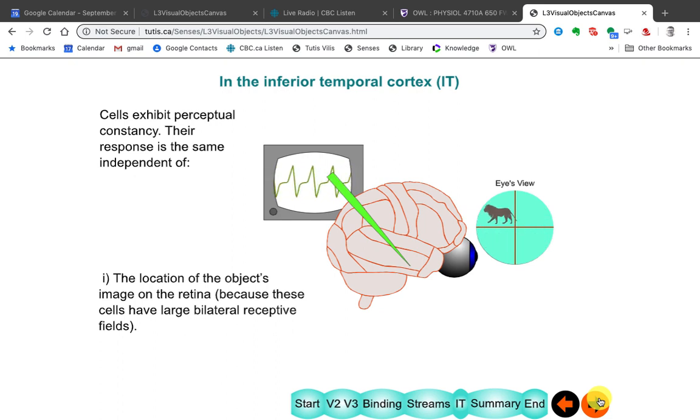Now, one of the interesting things is that once you get to the FFA, the activity becomes independent of location. So remember that LOC, it didn't matter whether it was above or below the line of sight. Here it doesn't matter whether it's above, below, or to the left or to the right of the line of sight. Now that's a big difference, V1 has a big difference from LOC.